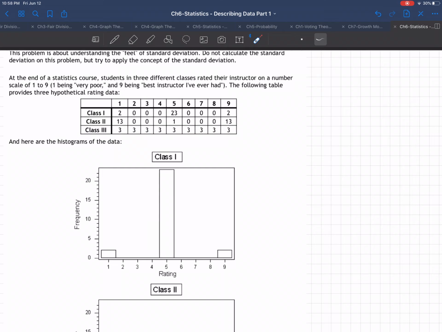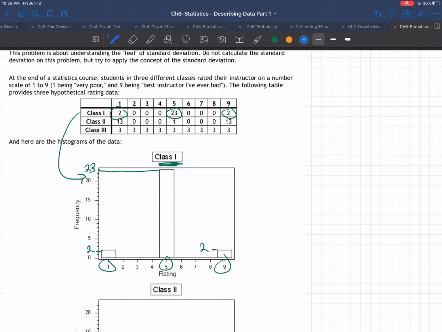All right, and then down below we have graphs of this. So here is class 1. Notice there's a big bar, right? See the frequency, this is at a height of 23. 23 people gave him a 5 rating. 2 people, right here, and this is also 2 people, gave him a rating of 1 and 9 respectively.